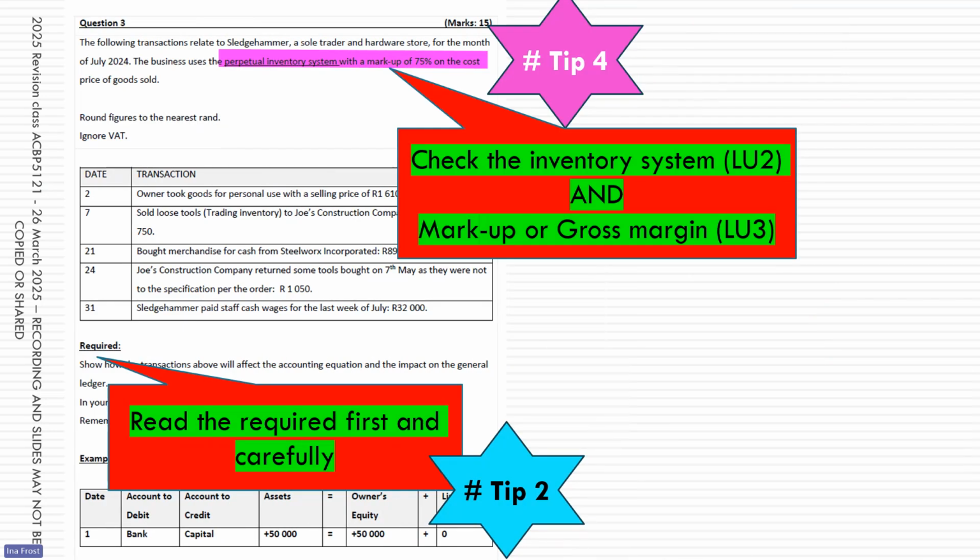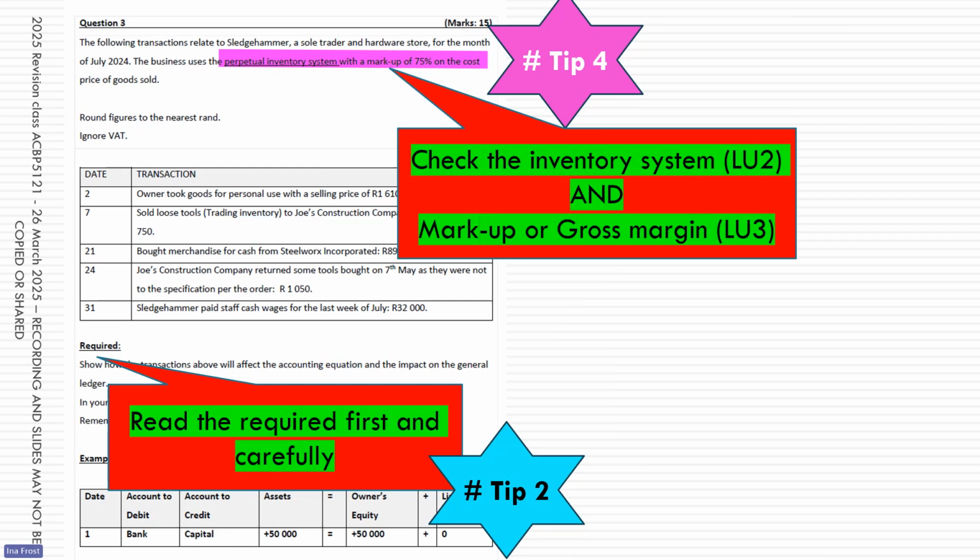Another tip: once you've seen what is being required, you have to check the inventory system being used by the question. You can see clearly here in question number 3, we told you to use the perpetual inventory system. That's a very important piece of the puzzle that you must check. Another student asked me earlier, may you highlight on your test paper?